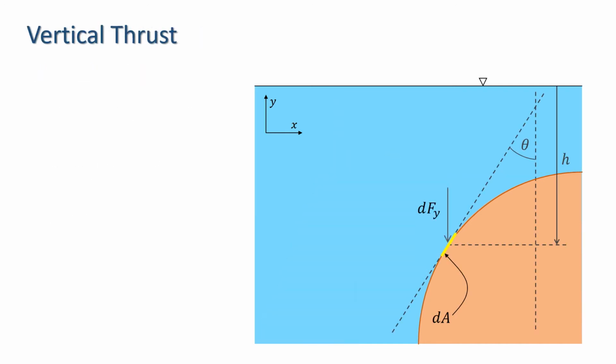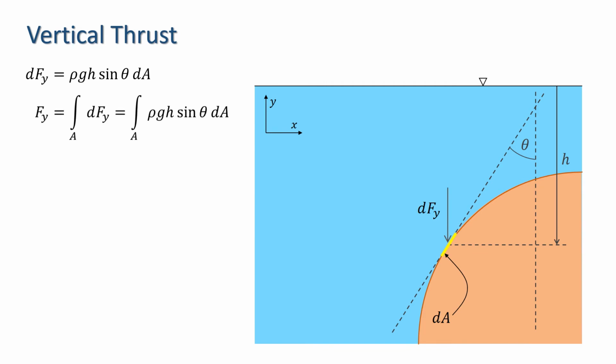Let's look now at the vertical thrust. We established earlier that a thrust of ρgh sin θ dA is exerted on our elemental area dA. Integrating this over the curved surface, we get ρg times the integral over A of h sin θ dA.